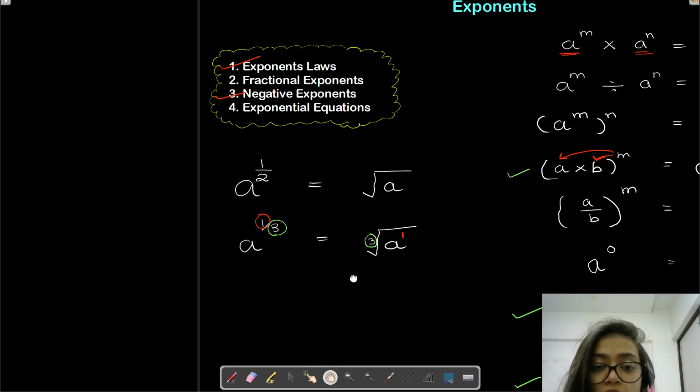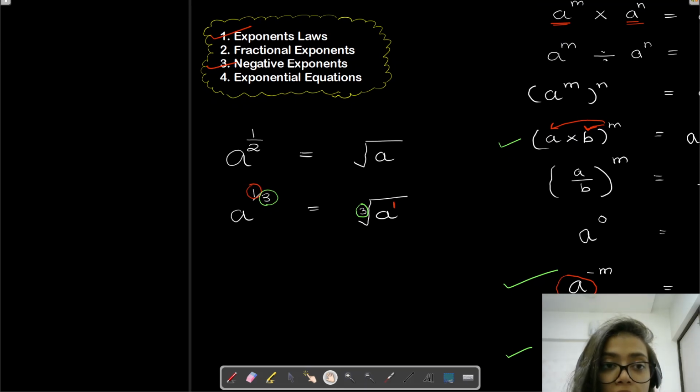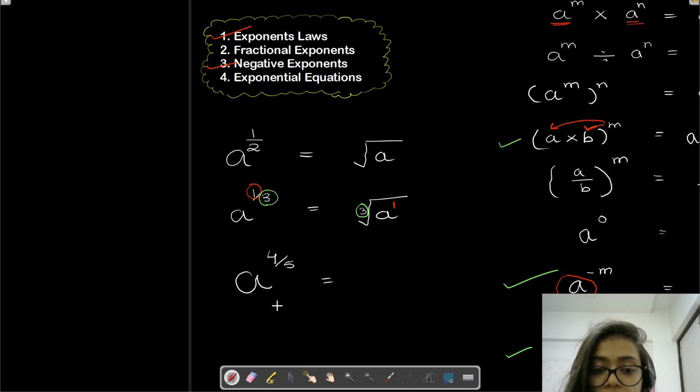Now let's say you have a raised to 4 over 5. This can be written as a raised to 4 and then you take its fifth root. So these are your radicals.